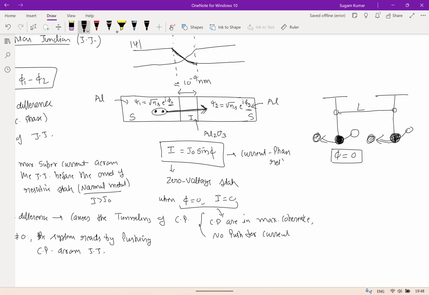But let us say the situation is different, that one particle is here and one is here. Definitely when one goes on this side, the other also goes this side. So in that sense, this length is going to play a role.